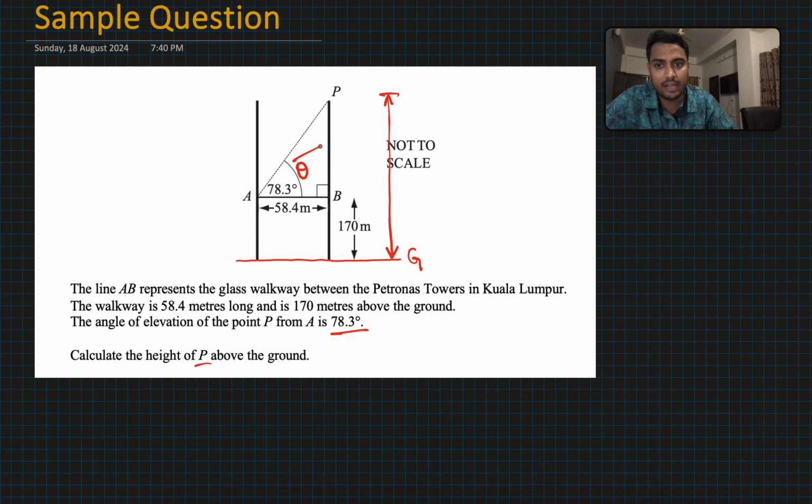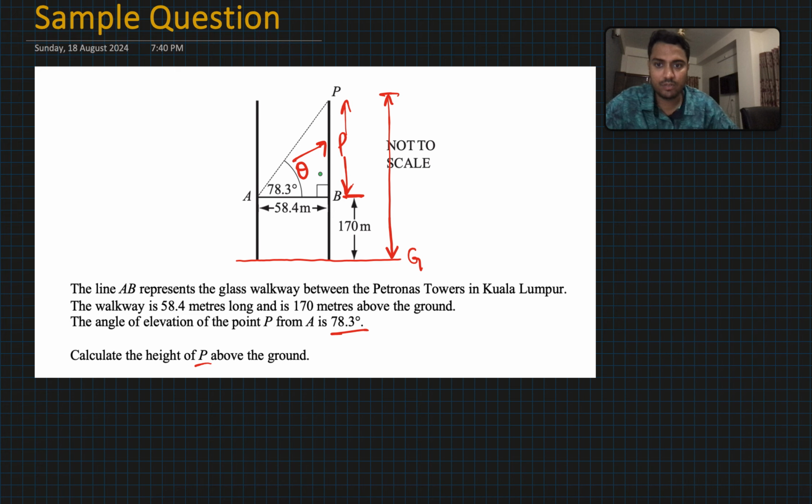The opposite side, which is the perpendicular, which is PB basically, is missing. Once we get the length of PB, we can add PB with the height above the ground till point B, here 170, and we'll get our total height from the ground till point P. So let's start solving.